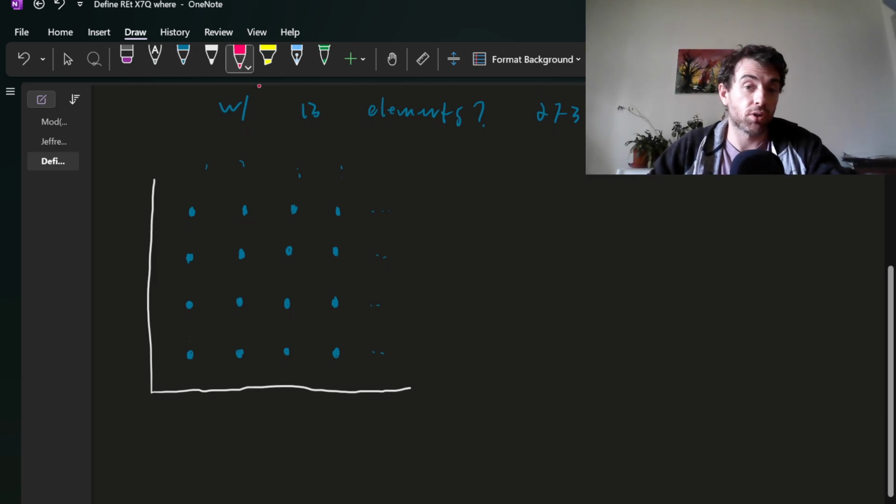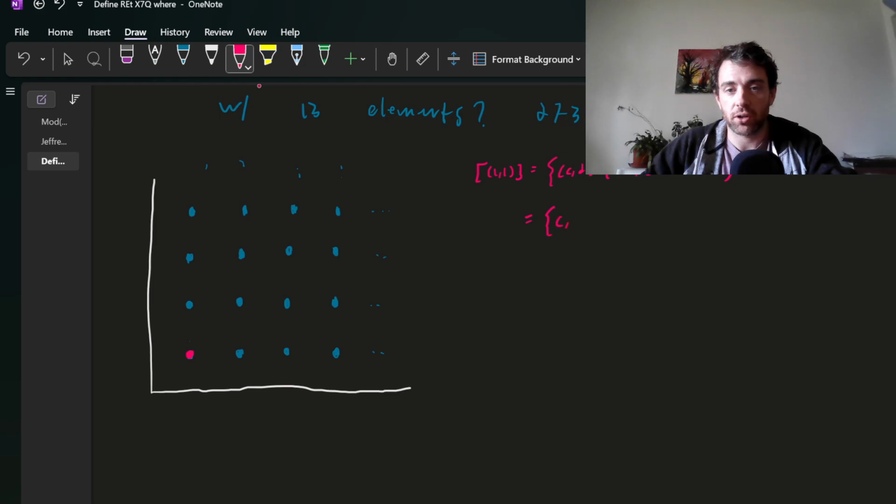So let's start with the most basic one. Let's think about the equivalence class of (1,1). Well, the equivalence class of (1,1) is what? It's going to be the set of all pairs (c, d) such that (1,1) is related to (c, d). But what is that?